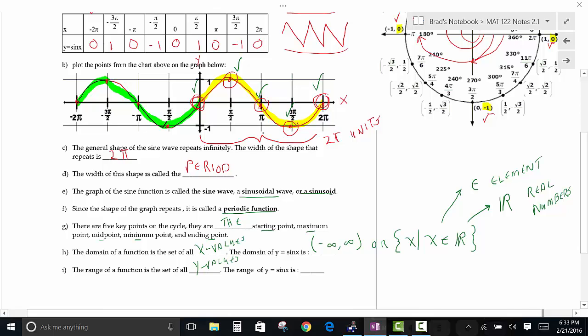If you look at this, the lowest value in our table was -1, and the highest value was 1. So we would say the range of the sine is -1 to 1, or you could write that as the set of y such that -1 is less than or equal to y, less than or equal to 1. So you're including -1 and 1.